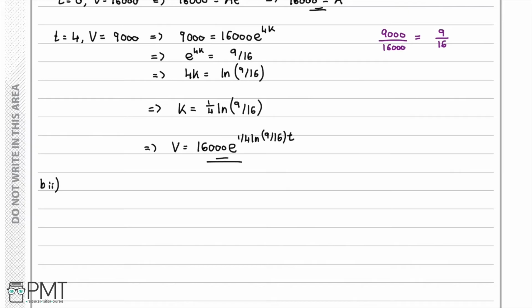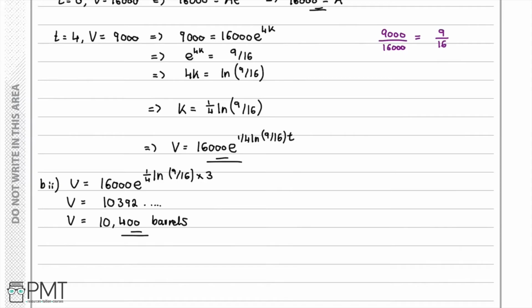and that will give us our value. So the volume of oil is going to be 16,000 multiplied by e to the power of 1 over 4 ln 9 over 16 multiplied by 3, and putting that into our calculators, we get that the volume of oil is going to be equal to 10,392 point blah blah blah, and then we'll round to 3 significant figures, so we don't need to know what's after the decimal point, and this comes out as 10,400 barrels.